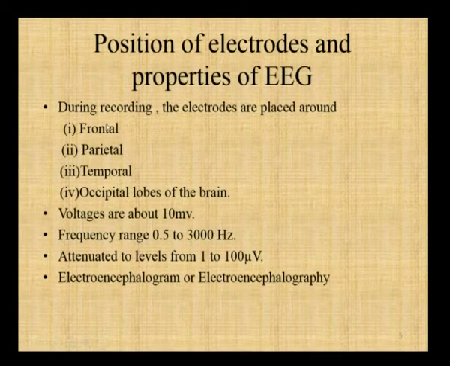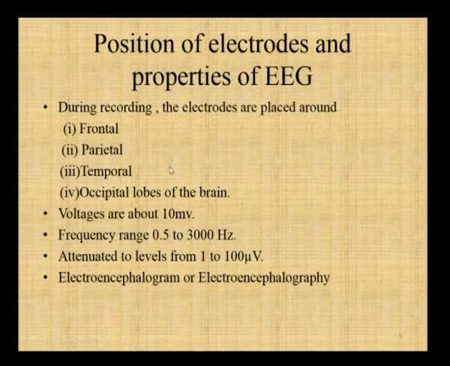Then the position of electrodes and properties of electroencephalography. Where are we going to place these electrodes? We have already discussed that we place the electrodes on the skull of the patient. It has a basic 4-part concept for this position: first frontal, then parietal, then temporal and then occipital, the lobes of the brain. We place the electrodes all over the skull in these 4 positions.